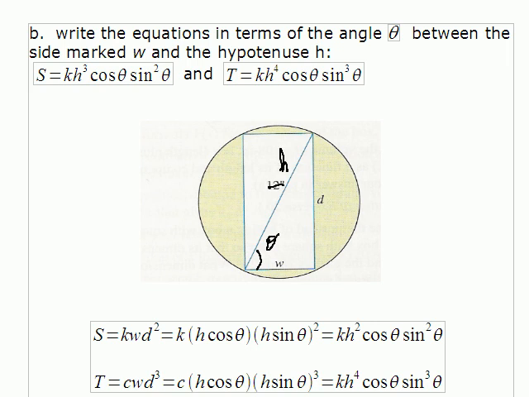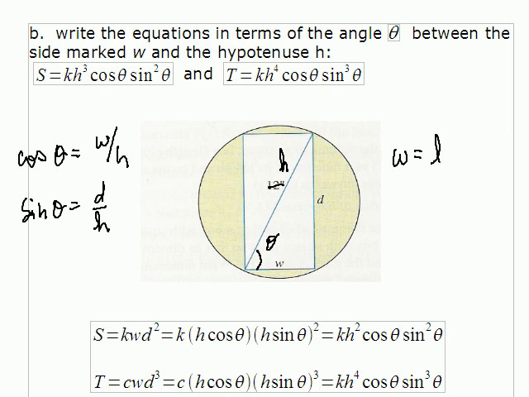Remember, this is h, and we'll use trig functions. What's the cosine of this angle? It's w over h, and the sine of the angle is d over h. All right, so the width is the hypotenuse times the cosine of theta.